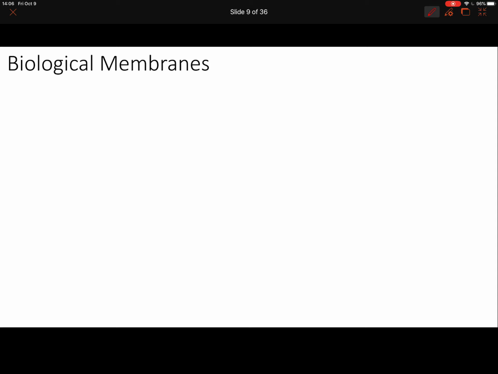And in aqueous solutions, these complex lipids will spontaneously form into lipid bilayers. These lipid bilayers have a back-to-back arrangement of lipid monolayers. And I have a picture that I'm actually going to show you. But I wanted to give you some of the components of these complex lipids that form the membranes. They contain polar groups. They contain non-polar groups.